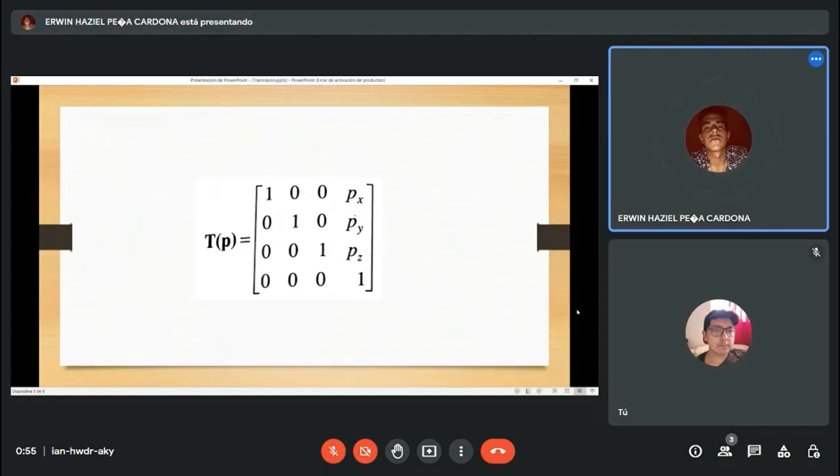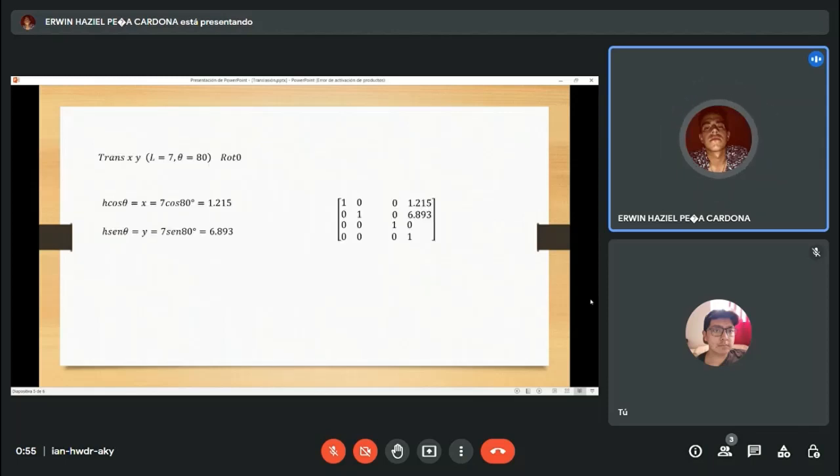Taking this into account, below we explain an exercise with which you will be able to understand what a translation matrix is and see how the matrix is solved.